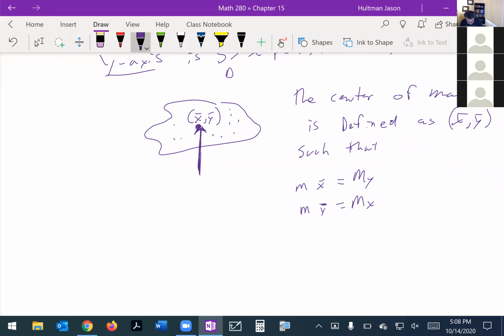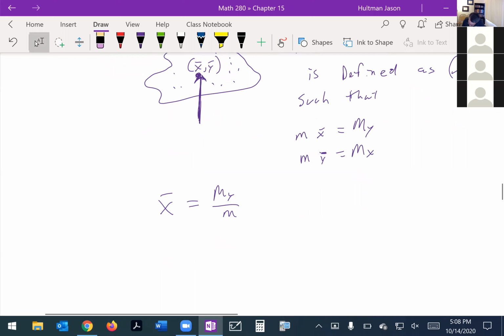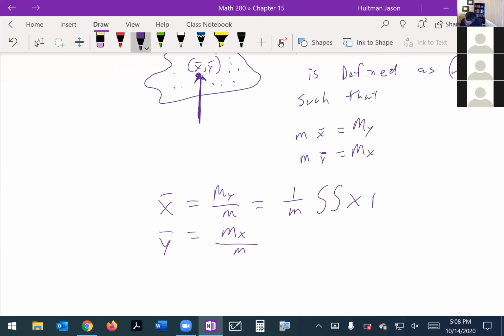So we're going to say that x bar is equal to the moment about y over M, and y bar is equal to the moment about x over the mass, which is equal to 1 over the mass times the integral of, what was the moment of y? Well, that's with respect to x, and rho of xy dA.